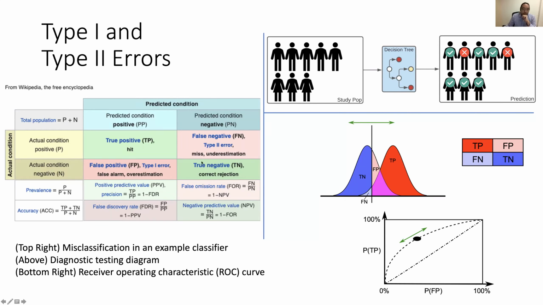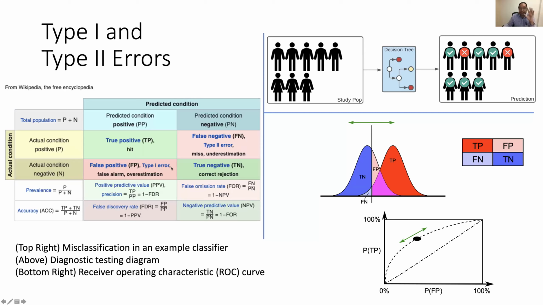Okay, so a false negative is when you predicted that they were negative when in fact they actually did have the disease, right? And a false positive is the other way around, when they actually don't, but you are predicting that they do, right?